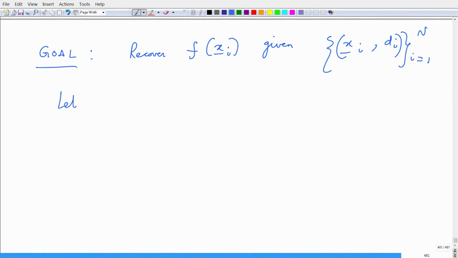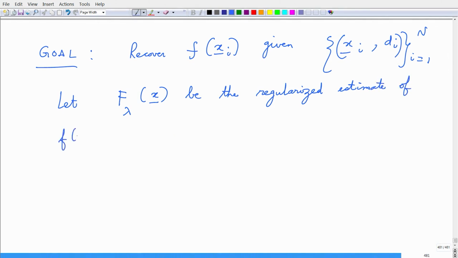Let capital F lambda of x be the regularized estimate of this unknown function f of x for some regularization parameter lambda.